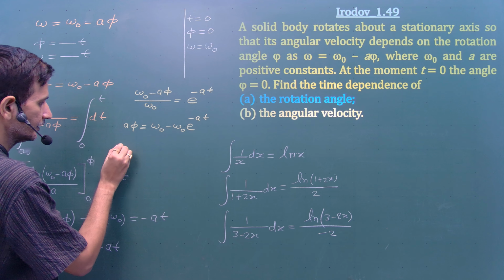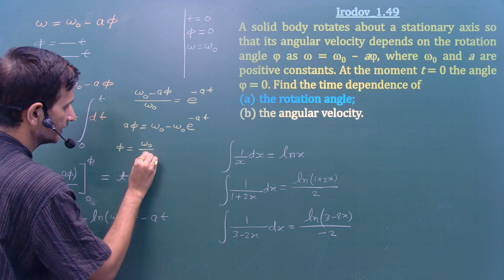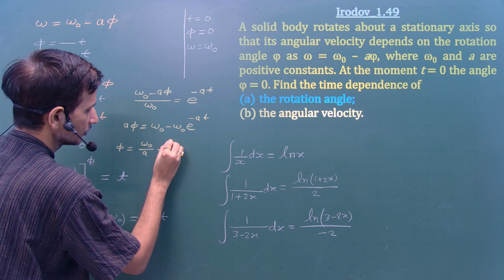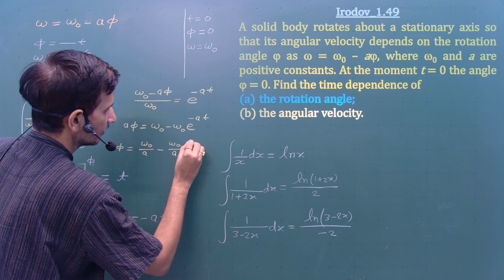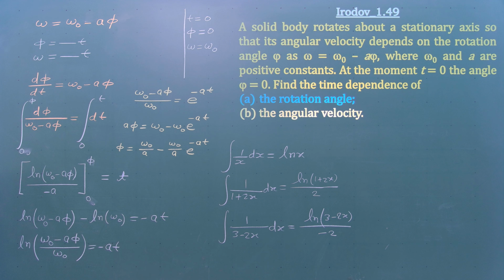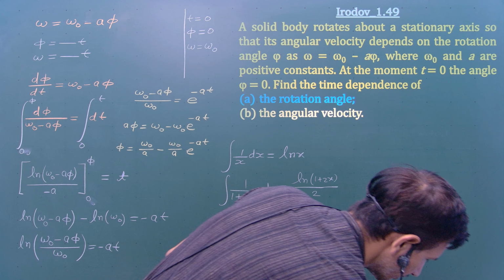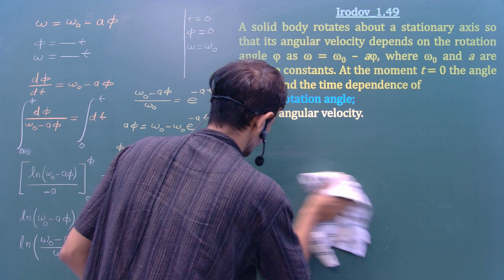So phi is omega naught divided by a minus omega naught divided by a into e to the power minus at. So this is the equation of angle phi with time. So this is my first answer.